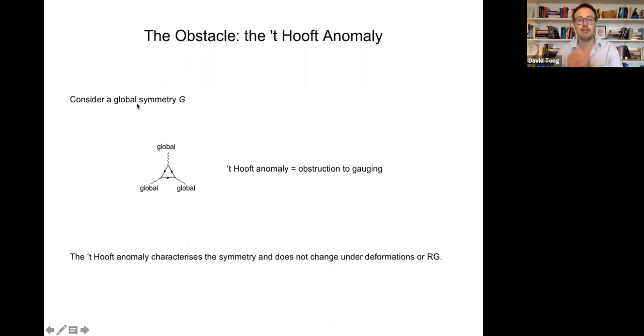Take a quantum field theory with a global symmetry G. For these purposes, G is just going to be some simple continuous symmetry. A lot of the progress in recent years has been thinking about G as a discrete symmetry, and we have various examples in the papers, but here we'll just keep it simple. G is a global symmetry, a continuous symmetry. 't Hooft told us that to every global symmetry G, we can associate a number, and that number is called the 't Hooft anomaly.